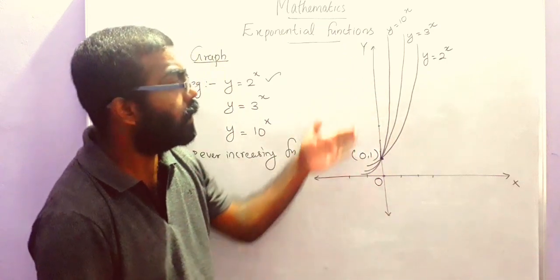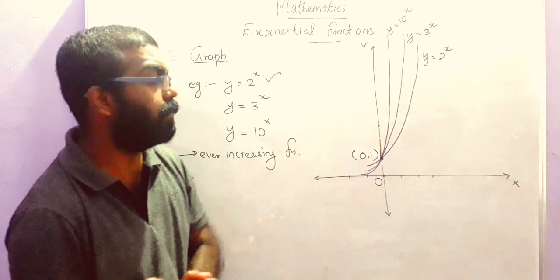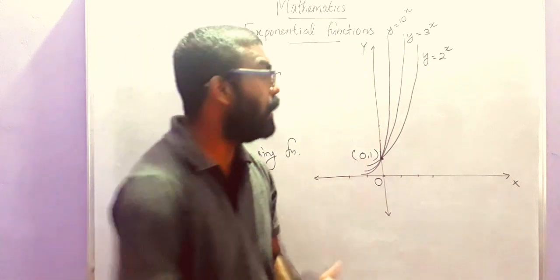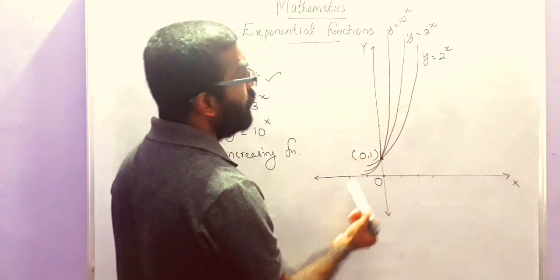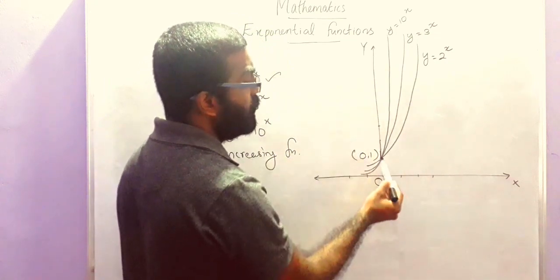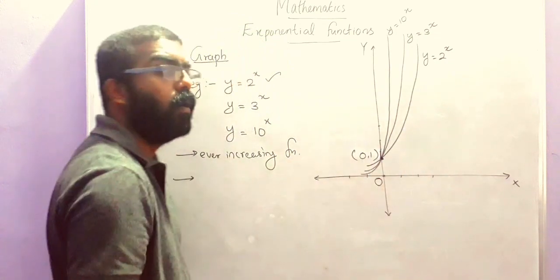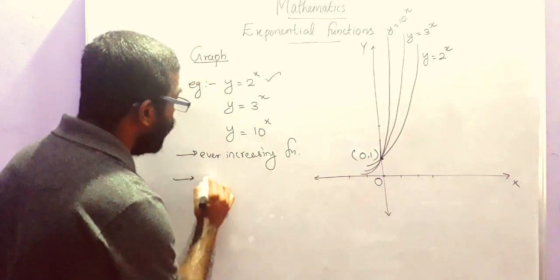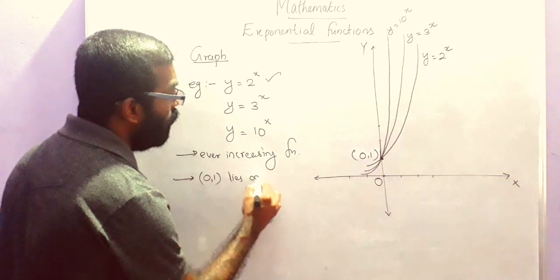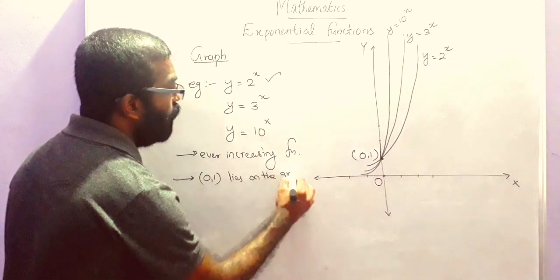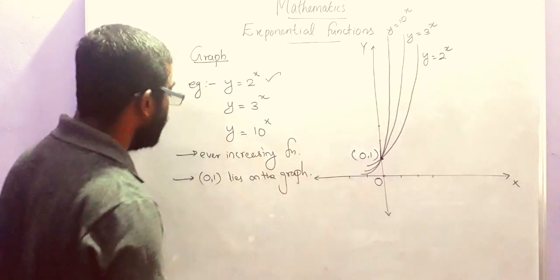That means the graph of an exponential function cuts the y-axis at the point 0, 1. So 0, 1 lies on the graph of an exponential function.